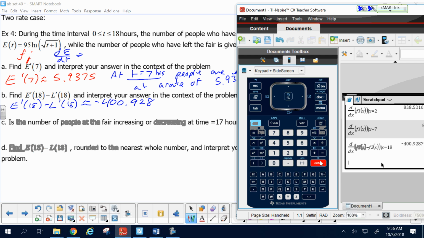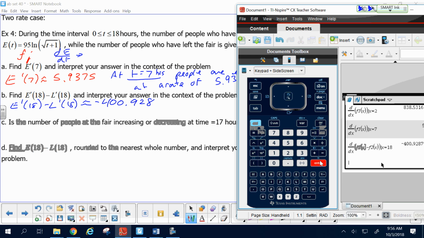And so the difference between the two is what? If I take the enter rate, take away the leave rate, isn't that the net change, right? I like net, but we'll probably call it the overall rate of change. Now, because that's negative, the amount of people is increasing or decreasing? Decreasing, all right, because that's negative.